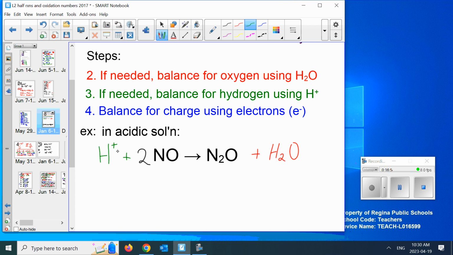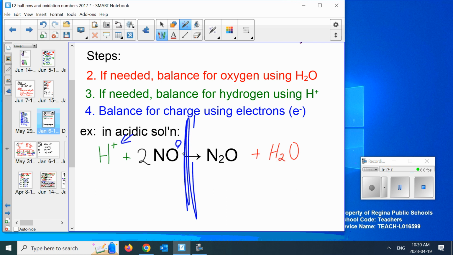Oh no, I don't have these because that's actually balanced. Getting ahead of myself. Step 4, balance for charge using electrons. So this is where I say on the left side, I've got +1 and 0.